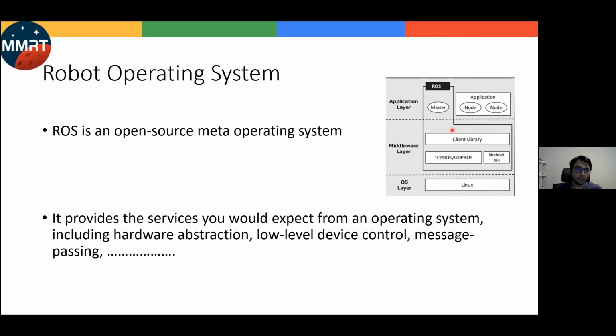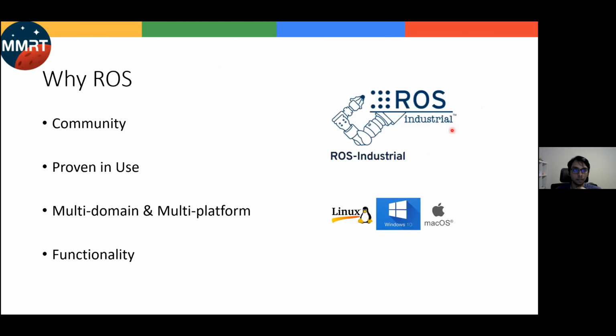It's like an operating system for your robot that runs on your current operating system, and it allows you to do all the operating system features you want, but with your robot. It's going to provide all the features we want from a robot software platform.